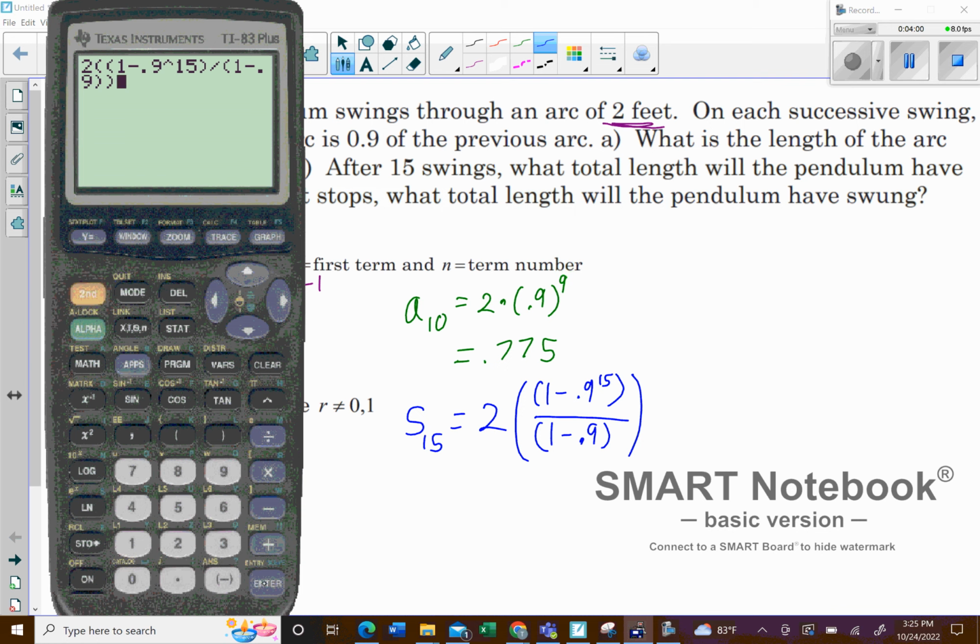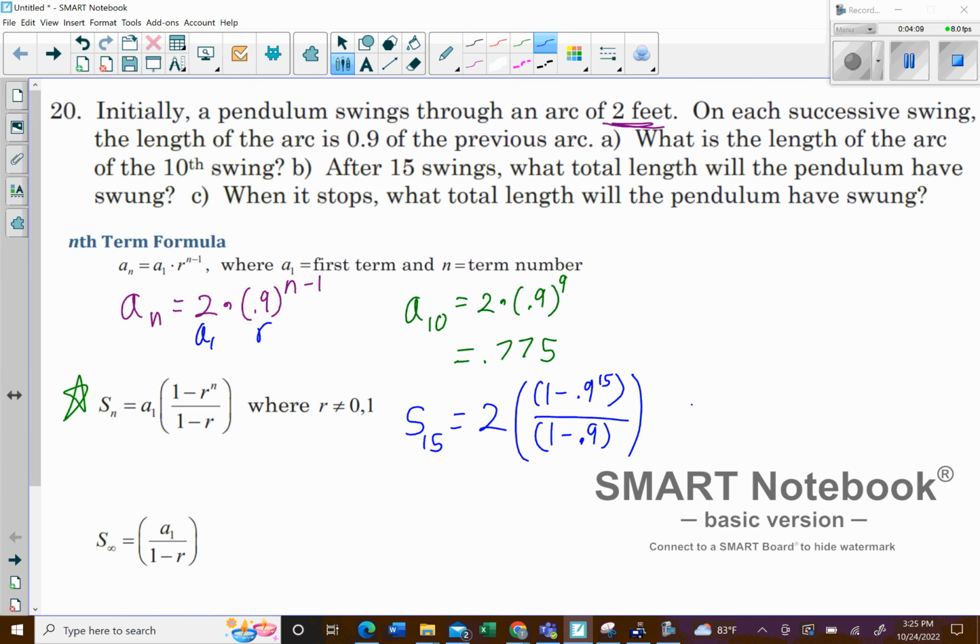Then I'll press enter, and I get about 15.882. Once again, I think that should match what the key has.